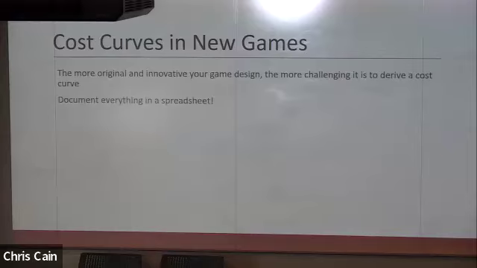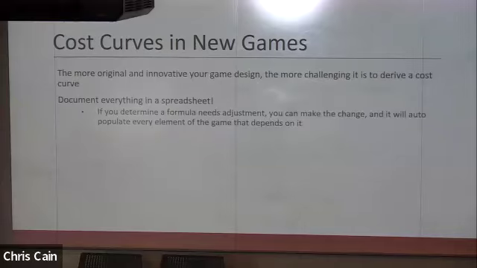So you should start with a spreadsheet, documenting as much as you can about the game in that spreadsheet. And you will eventually find that you have formulas for just about everything. And those formulas will be your balance. They will tell you how over or underpowered a particular game object is depending on its power.